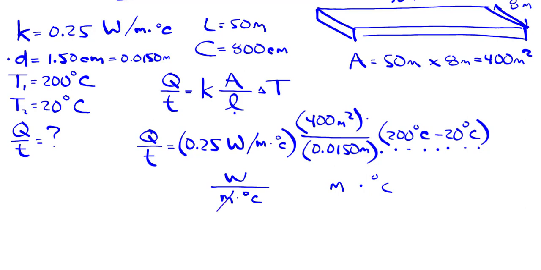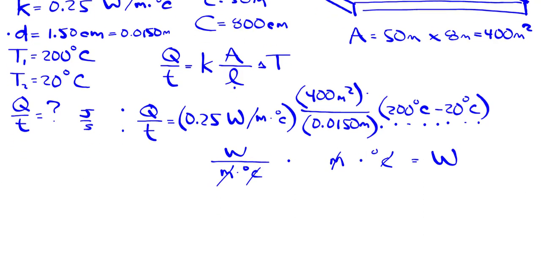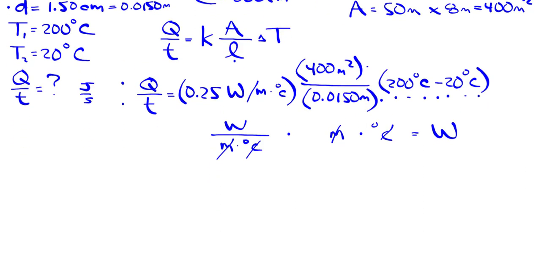So if you can see, the meters are going to cancel. The degrees Celsius are going to cancel, and we're left with watts, which I remind you, I already said that energy per time, or joules per second, is also the same thing as watts. So this works out. Let's go ahead and put the numbers in the calculator and see what we get.